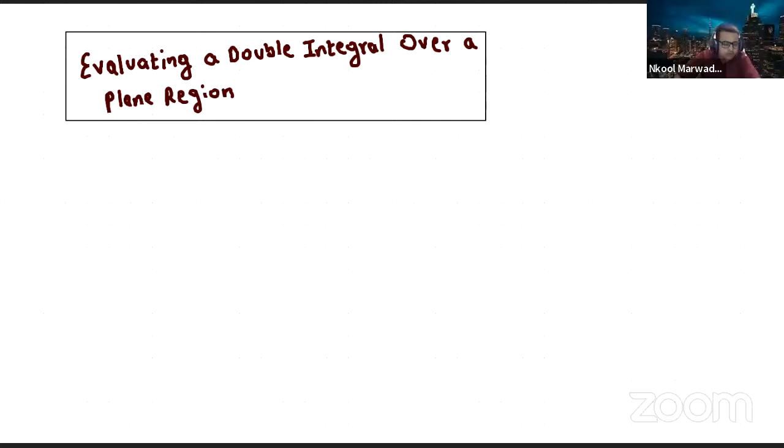Now we will be looking at two scenarios. The first scenario, scenario A, is something like this.